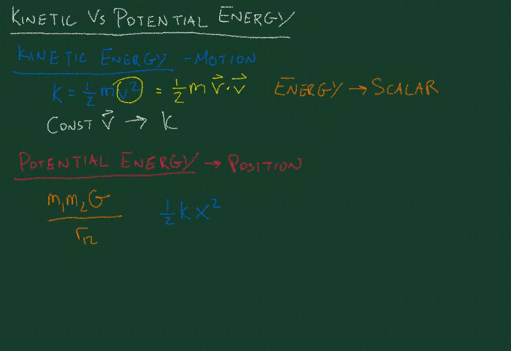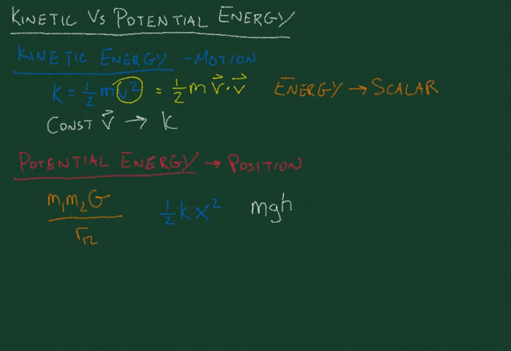You have potential energy due to gravity near the surface of the Earth, and that's just the mass times the gravitational acceleration at the Earth times the height you're above the Earth, h.